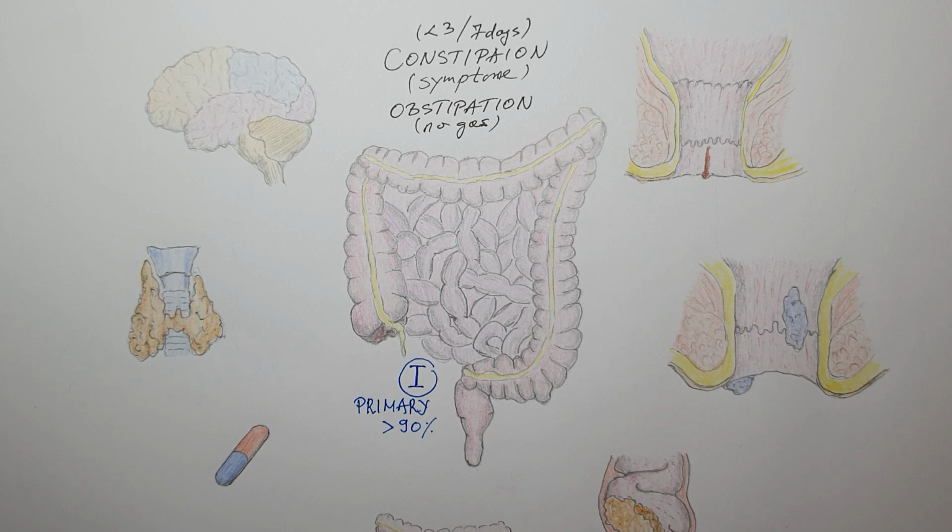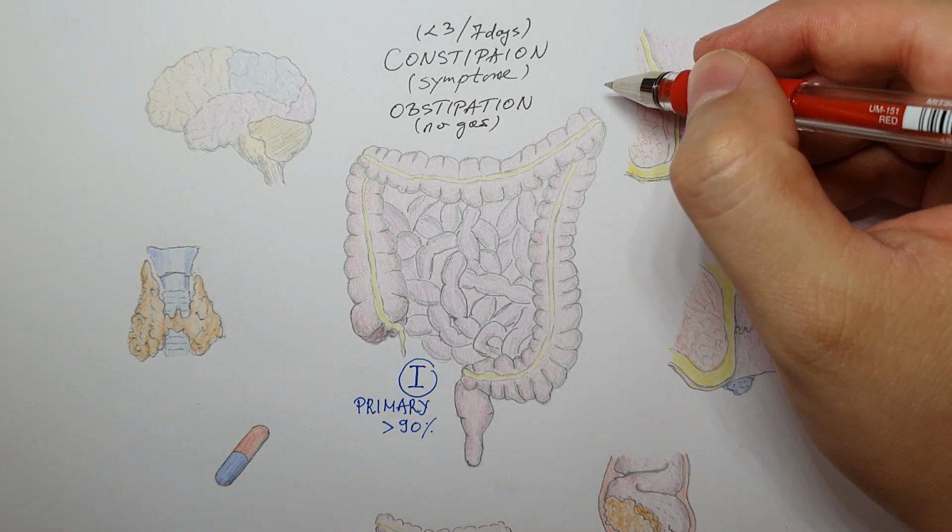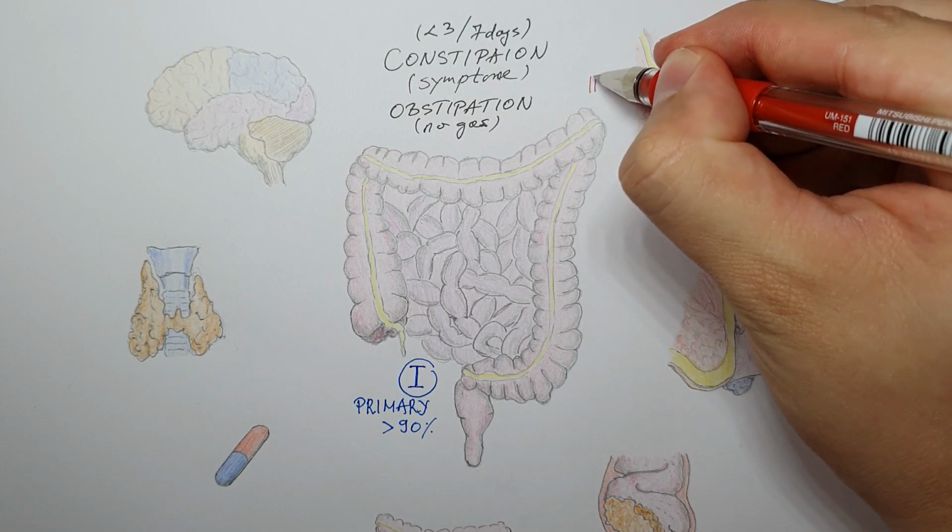So a low fiber intake, low hydration, low activity, a sedentary lifestyle can easily lead to constipation, but it is easily solvable with taking veggies, taking more fluids, and doing a little amount of regular exercise, and there will be no constipation. But there is also a second issue that we need to address, and that is secondary constipation.